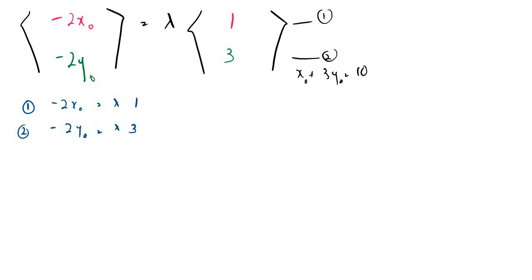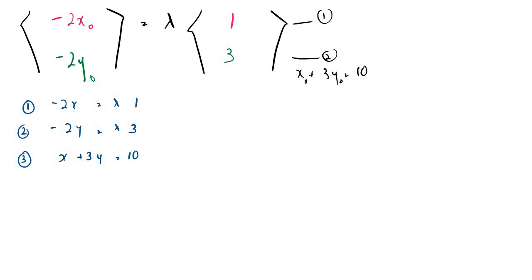And we have the third equation, which is x0 plus 3y0 is equal to 10. For simplicity, we will get rid of the zeros, and we will remember that this is valid only for critical points, and if we get any solution, that would be the value of the critical point.